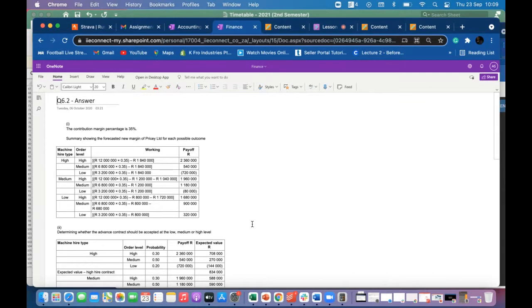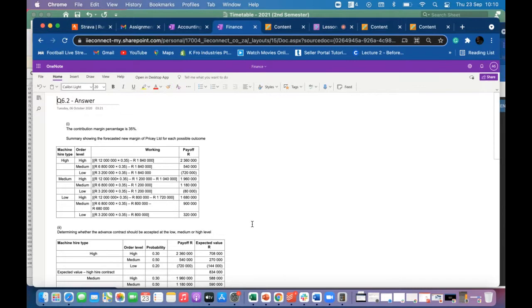However, a demand probability schedule has been drafted by management predicting the level of demand or orders. Where the level of machinery hired is less than that required to satisfy demand, the company will have to incur a penalty in order to obtain additional machinery.